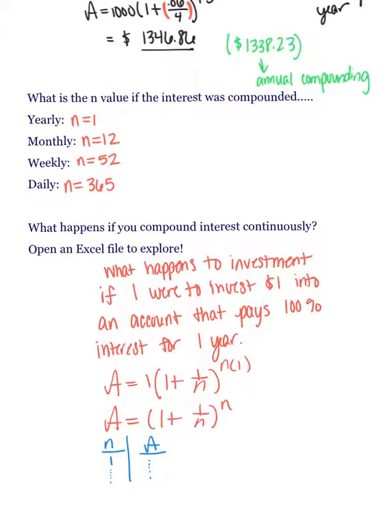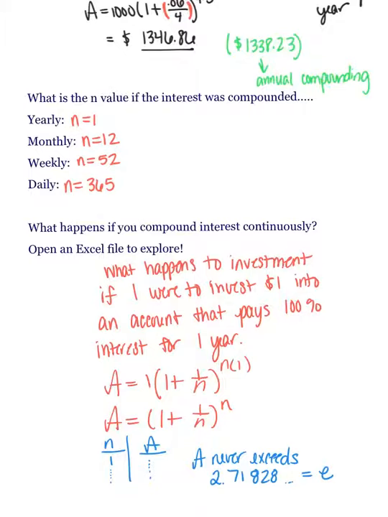Set up my formula and dragged it down, and what we saw was that A never exceeds 2.7182 dot dot dot, and a lot of you noticed this is e.